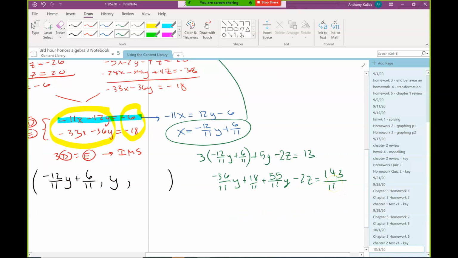Okay. So is that okay, Maddie? Okay. So combine some like terms. So 55 and 36 gives us 19. Or I should say negative 36 and 55 gives us 19.